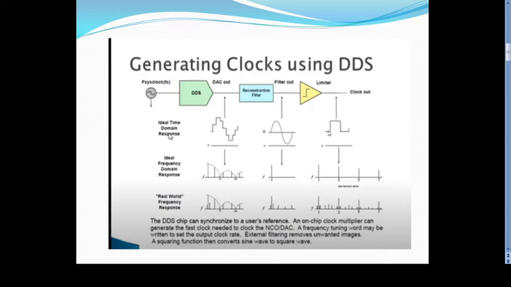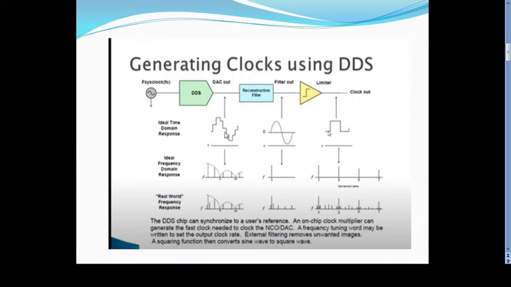So we have defined three different domains. First, we are in the ideal time domain, where the output is in the time domain of the digital to analog converter, which is given to the reconstruction filter.